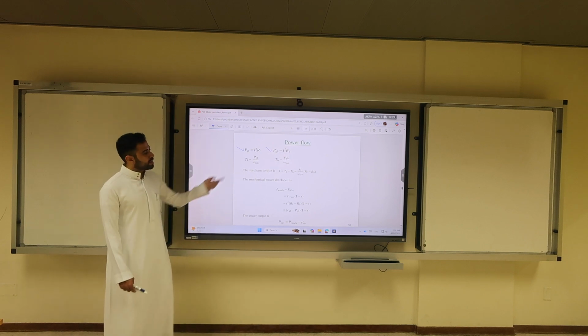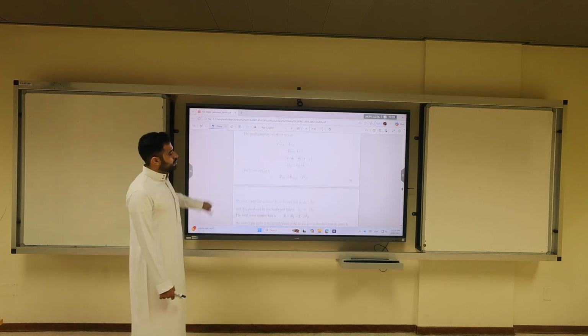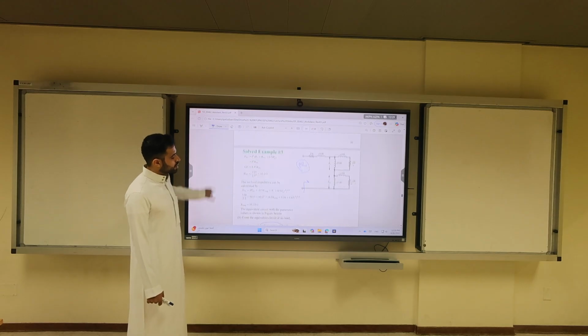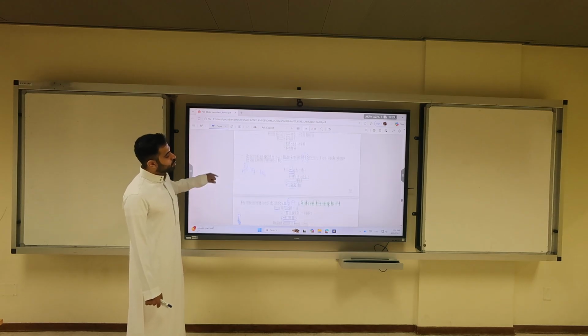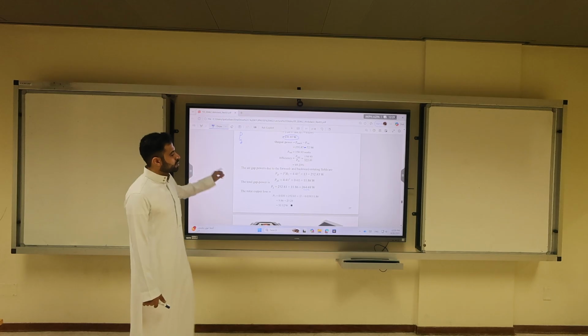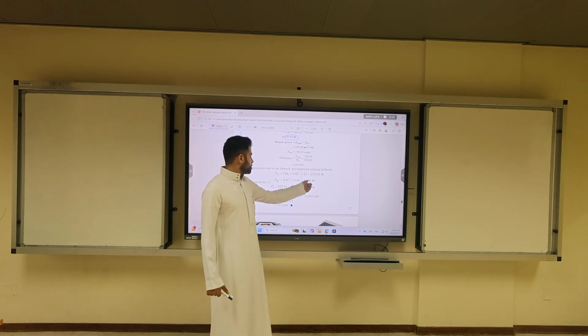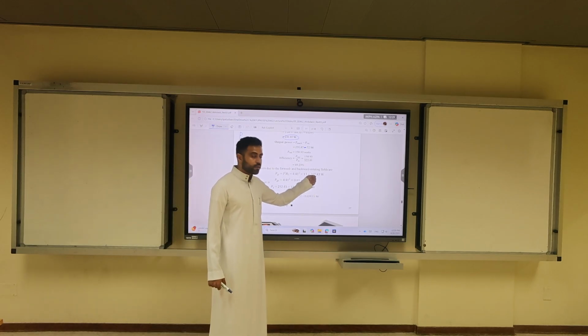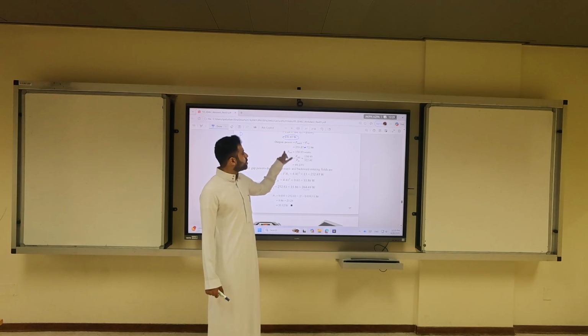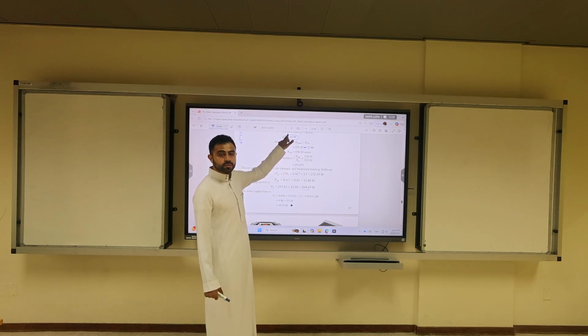Basically rated current times the forward and rated current times the backward. If you do the math, what do you notice about these two numbers? The forward is larger than the backward. Forward is 252. The backward is 18.6. If you add both of them, they should sum up to this number, 188.5 times 1.28.